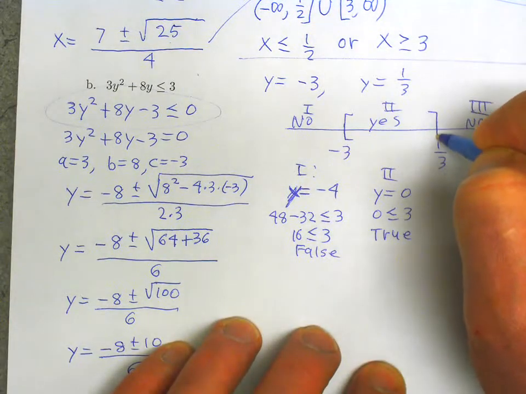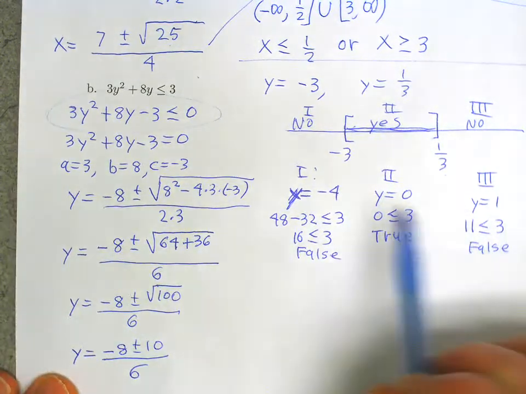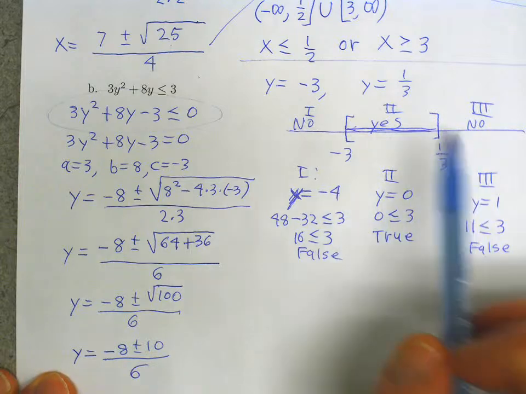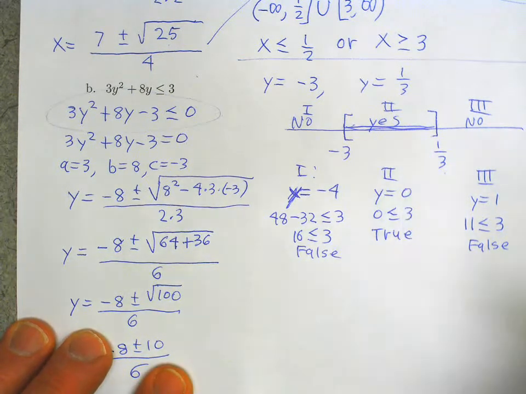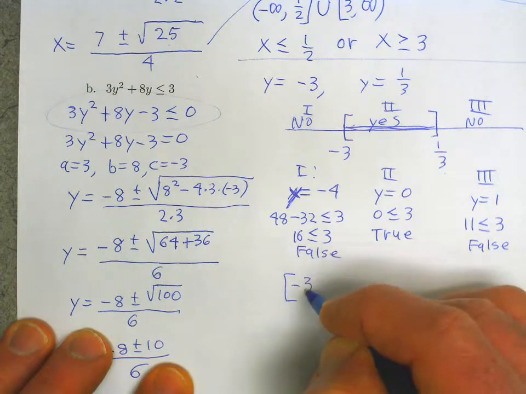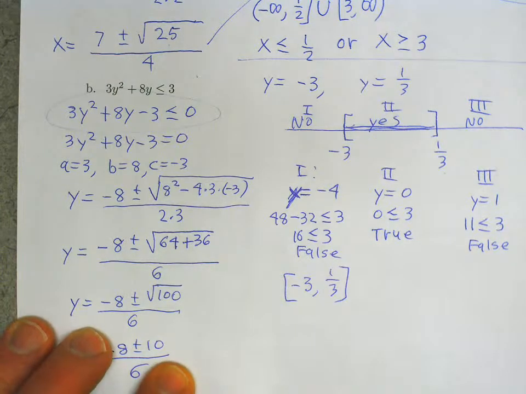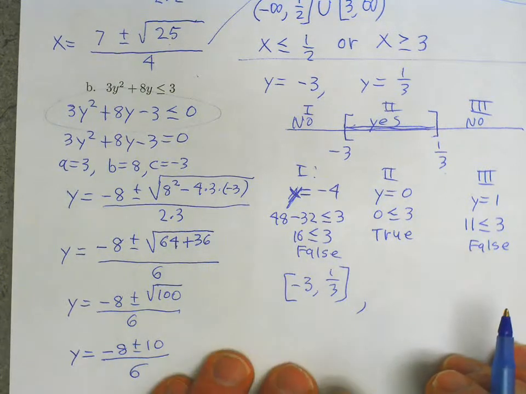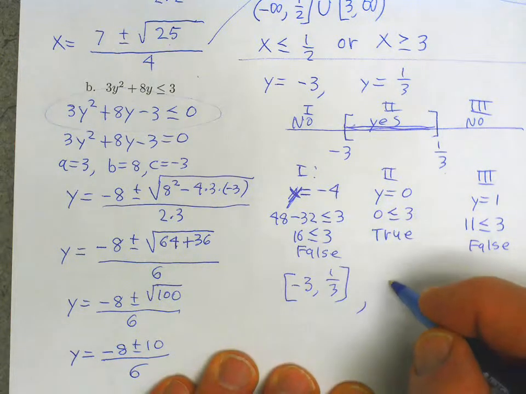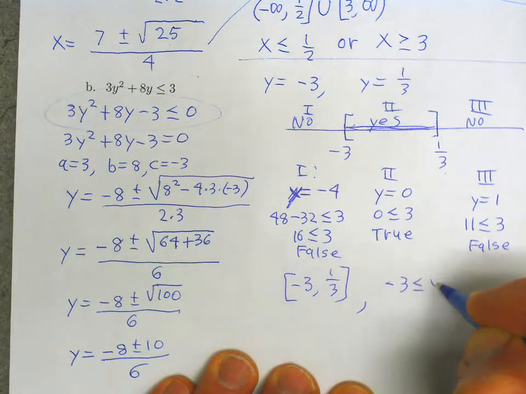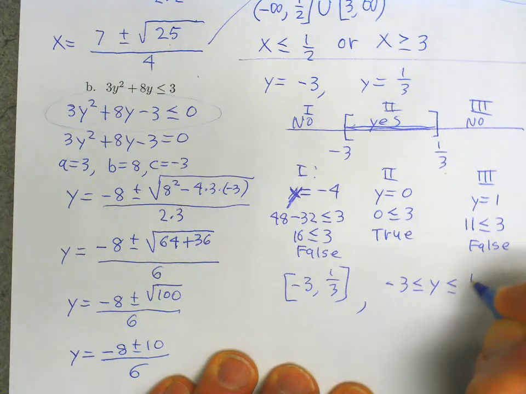Graphically, we put brackets at the endpoints, and then all of the numbers between -3 and 1/3 are solutions. The interval notation for this is bracket -3, comma 1/3 bracket. The algebraic notation: if y is a number in this interval, then -3 is less than or equal to y, and at the same time, y is less than or equal to 1/3.